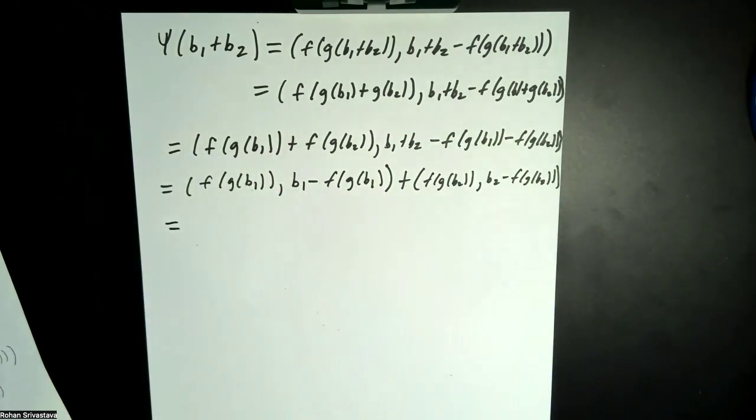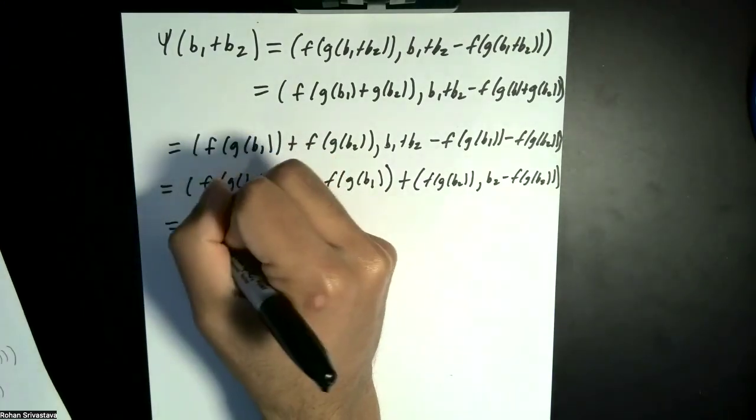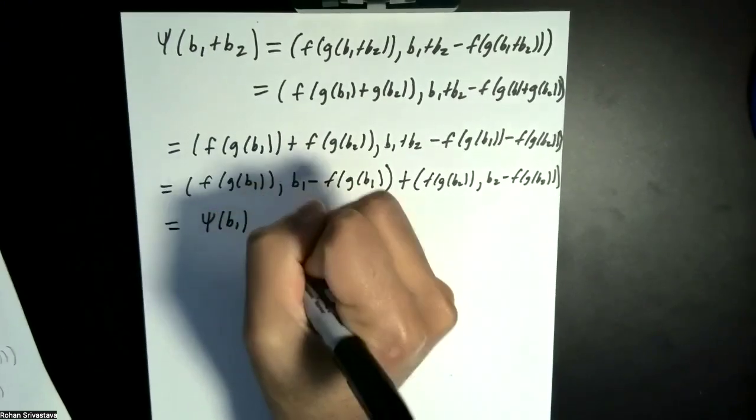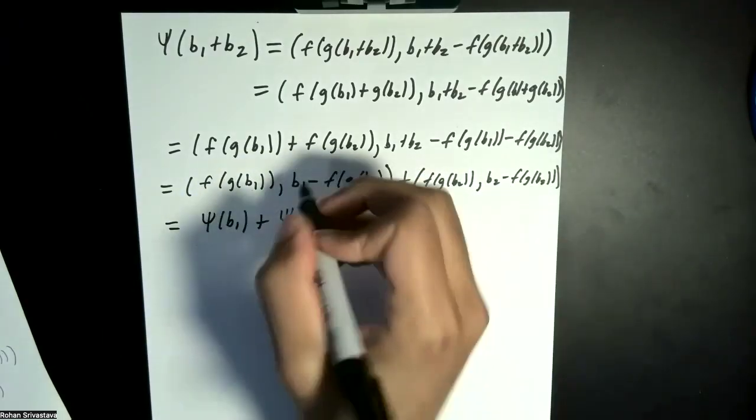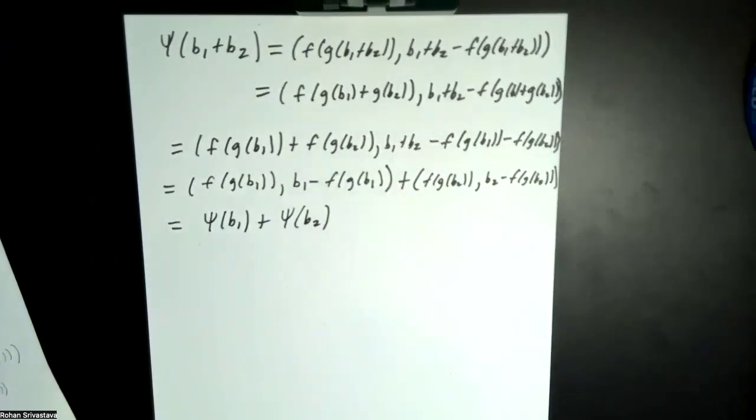And now this clearly has the form of psi of b1 plus psi of b2.